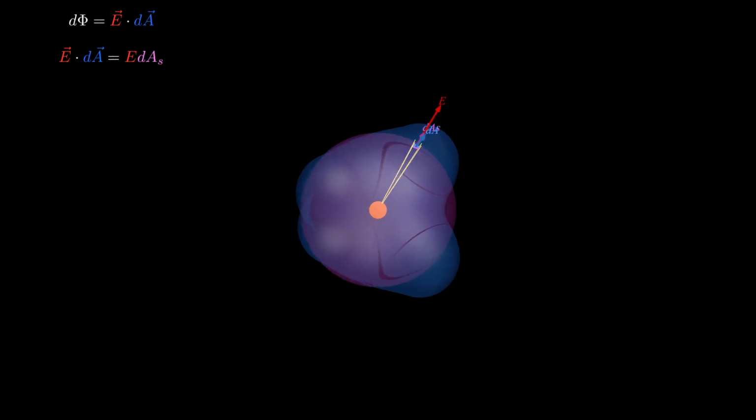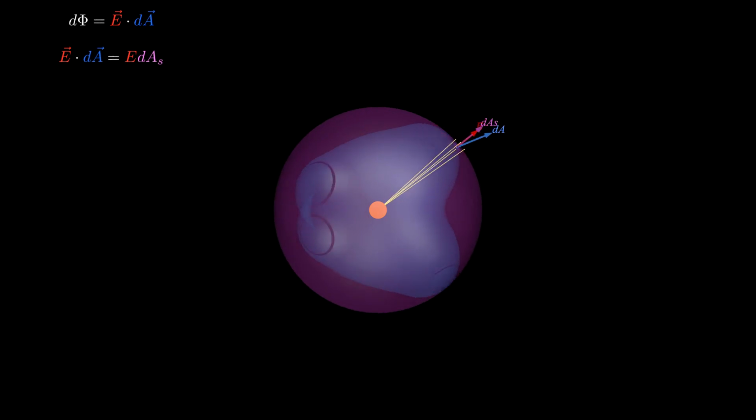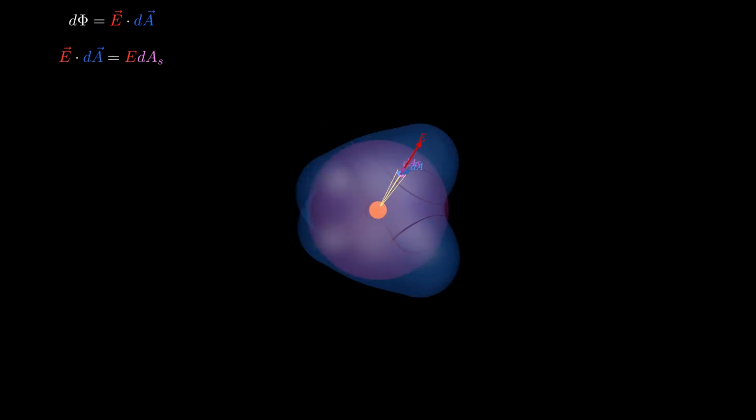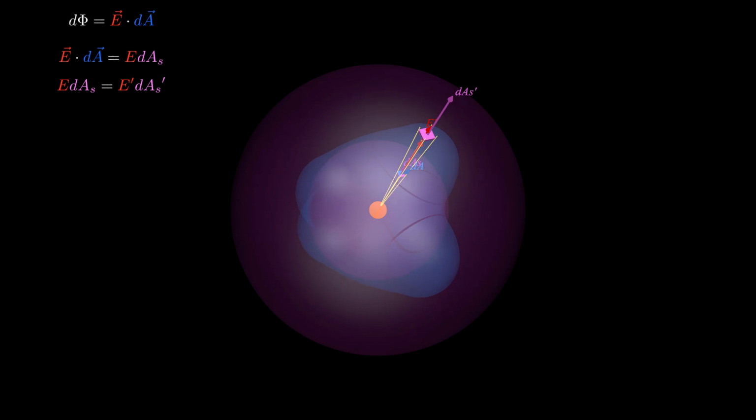Any patch on the irregular surface can be projected onto an appropriately centered sphere. The projected patch will have the same flux. We have just seen that this patch on the sphere can be projected onto another, larger sphere without changing the flux through the patches.